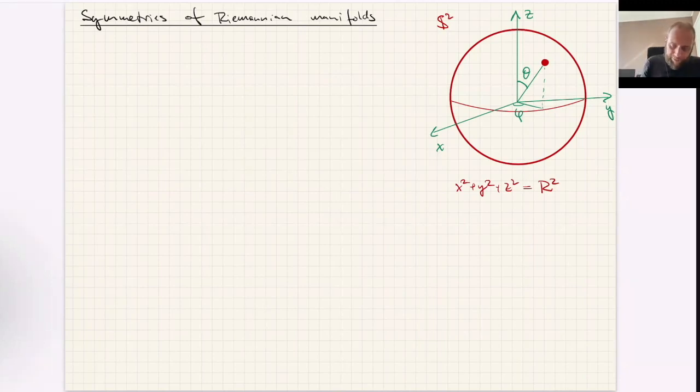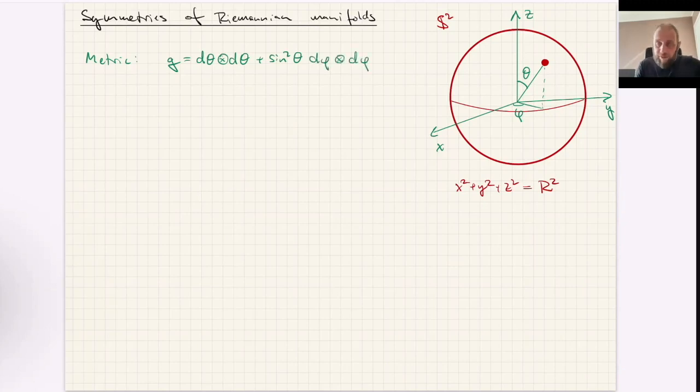And if I do that, the sphere has a metric tensor, and that metric g is given by d theta tensor d theta plus sine squared theta d phi tensor d phi.